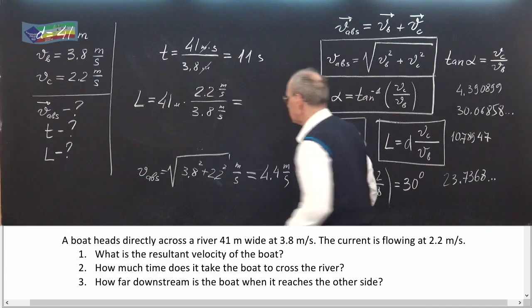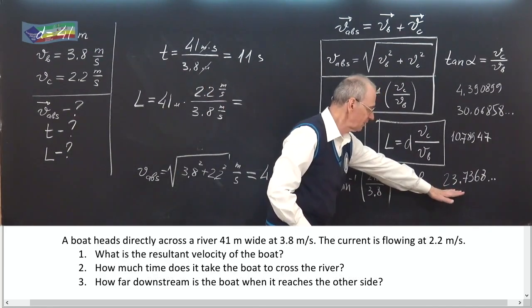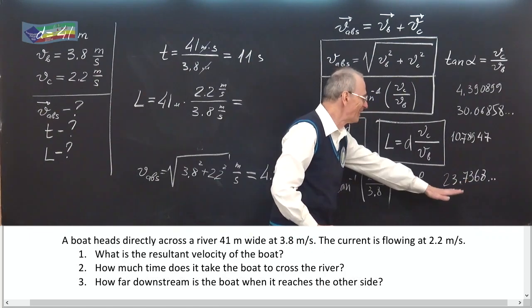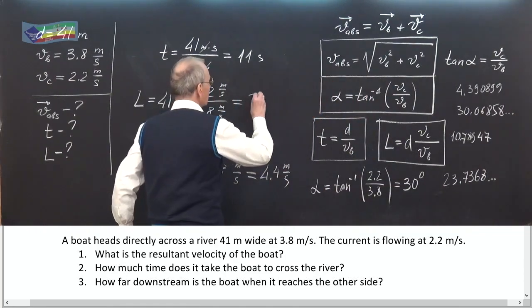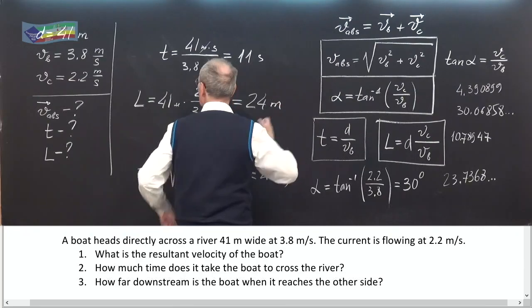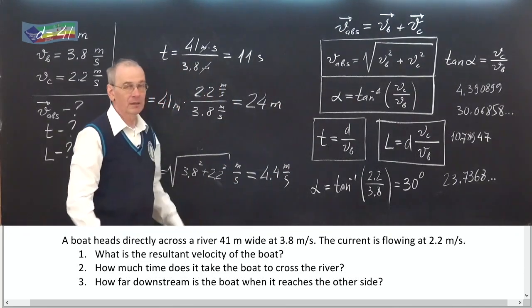After rounding, we must write two significant digits, 24 meters. The problem is solved.